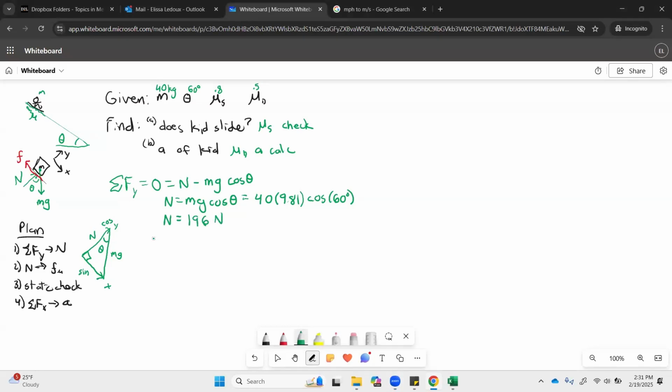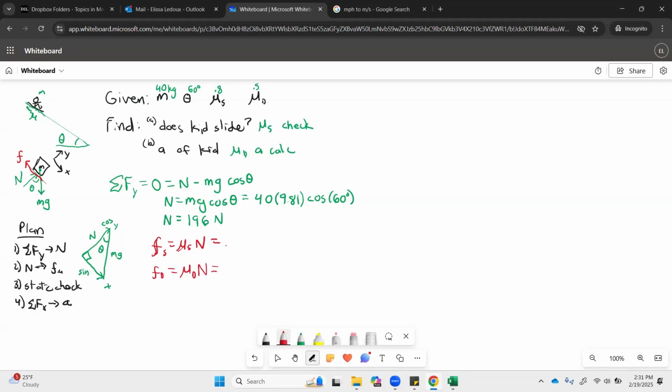And then we have the friction force. So static friction equals mu s times the normal force, and the dynamic friction equals mu d times the normal force.